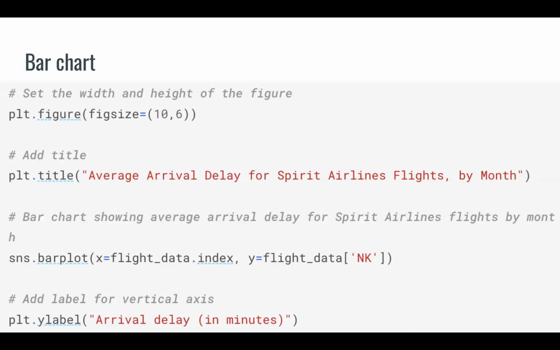For bar chart creation, you can use Seaborn, and for this example, we'll use the data set from the US Department of Transportation that tracks flight delays. So we will set the bar chart figure size and add title.